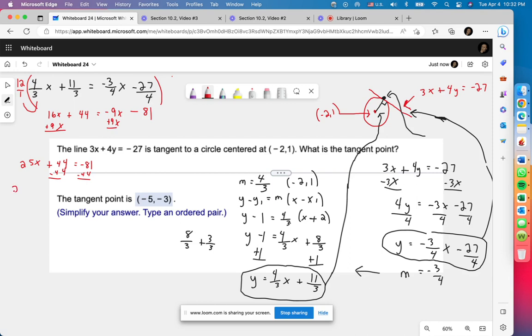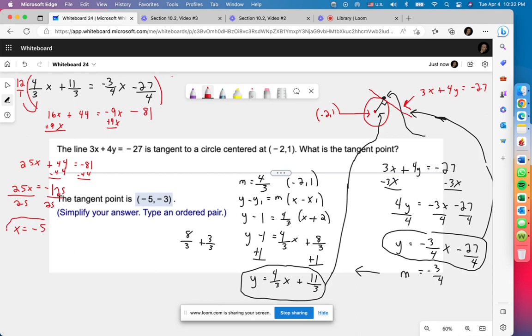So now I have 25x equals, what's negative 81 minus 44? Probably a really nice number. I think most of these come out even. I think all of them probably come out even. So it's going to be negative 125 divided by 25. X equals negative 125 divided by 25 is negative 5.